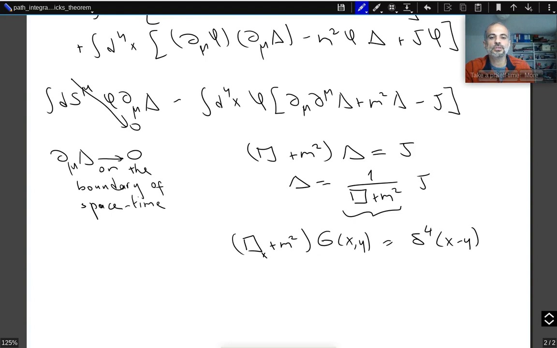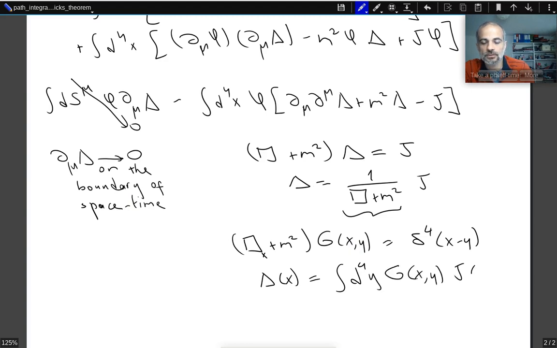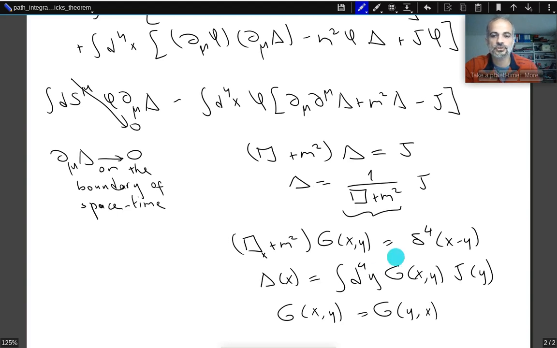Then I can choose a g which will satisfy this equation. It will be symmetric under x and y, and it will also satisfy my boundary conditions. In that case, delta of x will be just given by the integral d4y g of x, y, j of y. And keep in mind g of x, y will be g of y, x. This is just the Green's function of this operator over here.